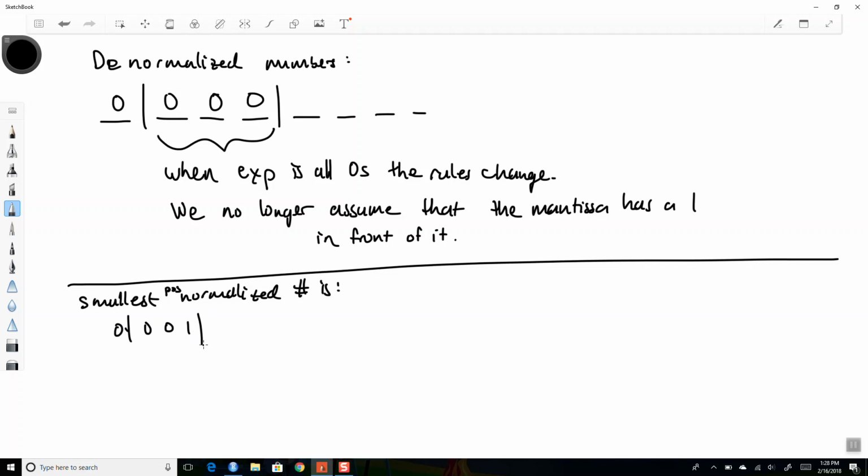So it's not all zeros in the exponent, and then we're going to have all zeros in the mantissa. This corresponds to 1, and with the bias, it becomes 2 to the negative 2. And over here, we're going to have basically 1.0000. And so I have 1 times 2 to the negative 2, and it's positive. So currently the smallest normalized number that I can represent is going to be 1/4.